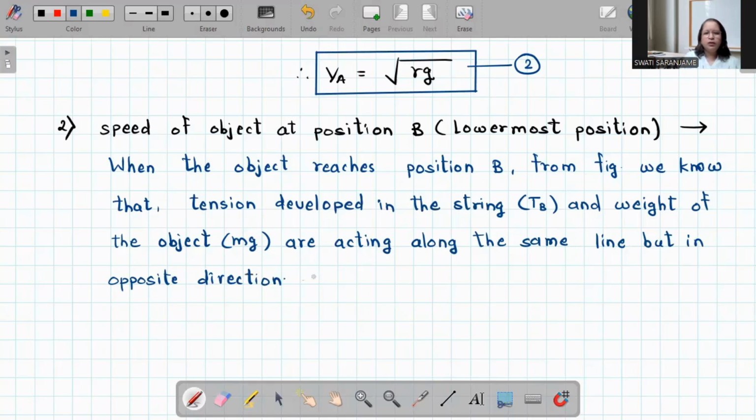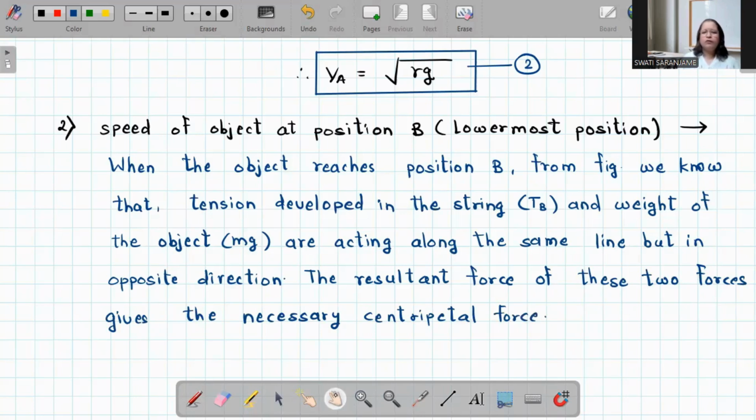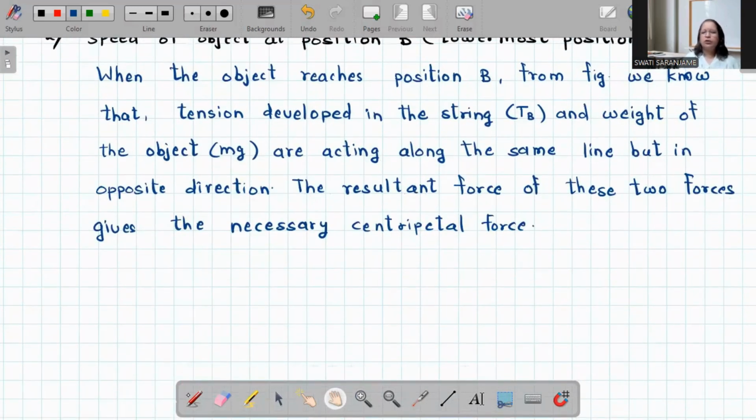So let's write this also: the resultant force of these two forces gives the necessary centripetal force for continuing vertical circular motion.